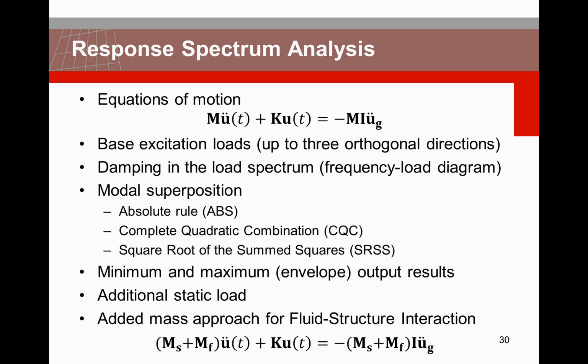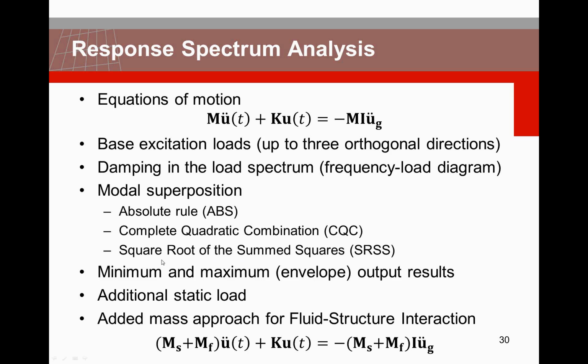A simple example: we have two modes. The first has an amplitude of 4, the second an amplitude of 3. The absolute rule says your maximum amplitude will be 4 plus 3, which is 7.